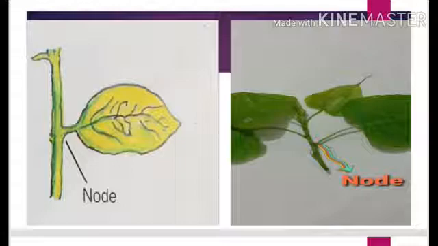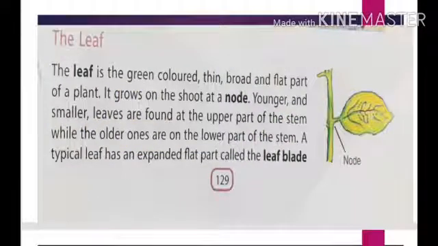The left-hand side picture is given in our book at page number 129, and the right-hand side picture is actually a branch that I plucked to show you the location of the node, and also that the older, big leaves are present at the base of the stem while the newer, young leaves are at the tip of the stem.